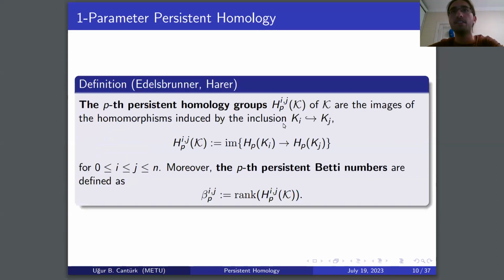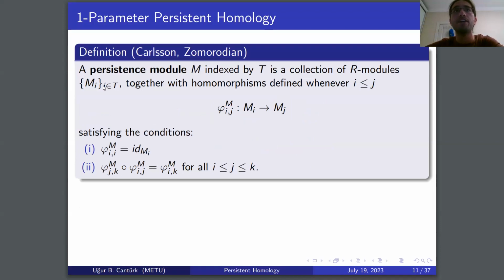As you can see, this is something familiar. We have K sub i's and K sub j's as indexes, and this is what we obtained after applying homology. Here, R is a commutative ring with unity. So you can consider it as a collection of R-modules with indexes coming from a totally ordered set.